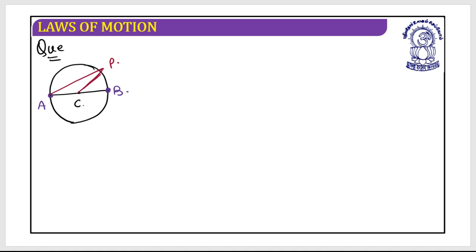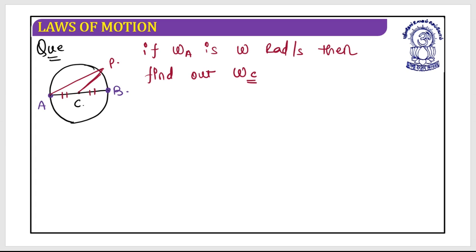Now one thing I understand is that AC and CB are equal because C is the midpoint. Yes, that we understand. So if omega at position A is omega radian per second, then find out omega with respect to C. This is required.